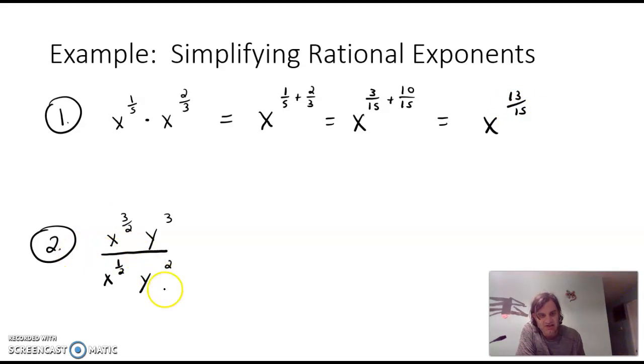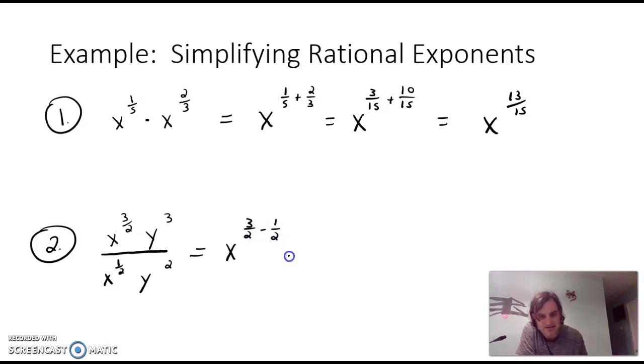Okay. The bottom one down here, I have the fraction, and on top is x to the 3/2 times y cubed. And then in the bottom of the fraction, I have x to the 1/2 y squared. I'm not sure why I did that. But we know that we can combine x's and we can combine y's. And since they're divided, we can subtract the exponents. So I'll say x to the 3/2 minus 1/2.